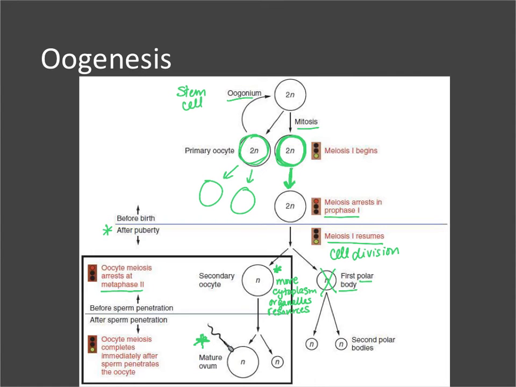So the main reason why we even have these polar bodies is just to have a way to get rid of those extra chromosomes that we made earlier in the process. These are just like packages of chromosomes that essentially get thrown away.